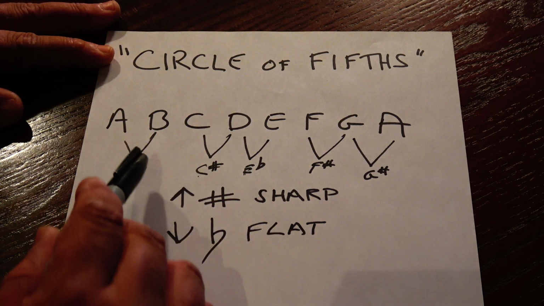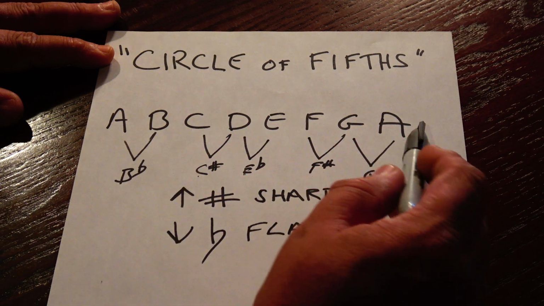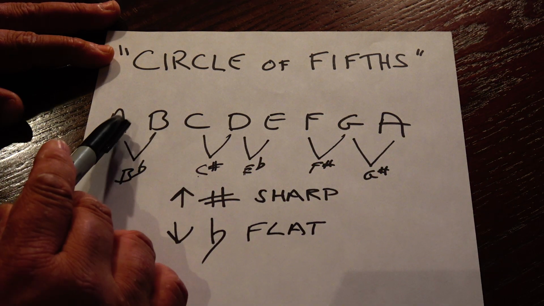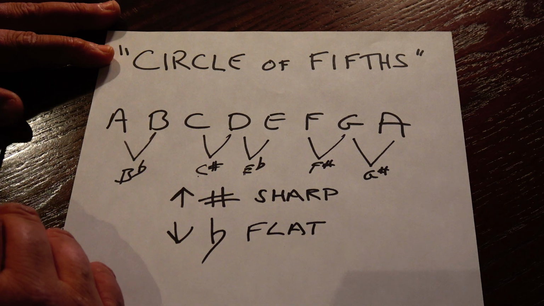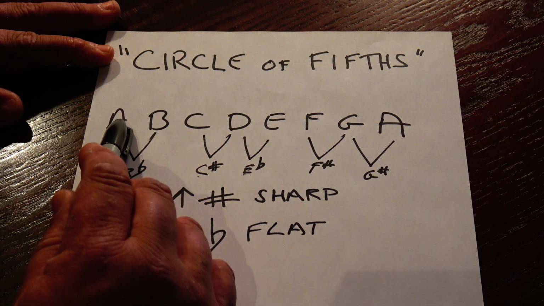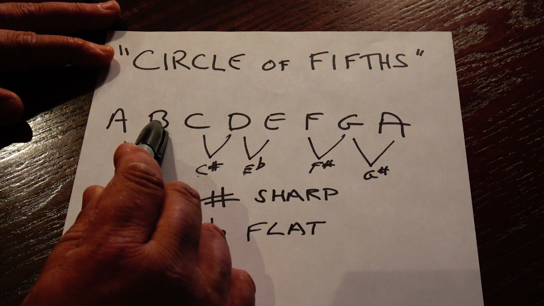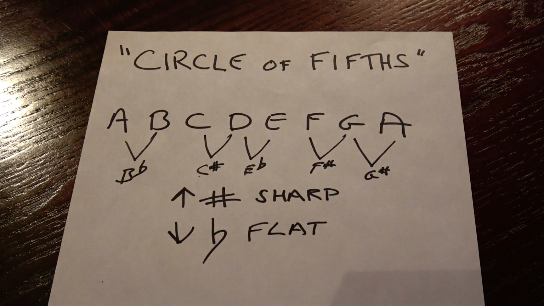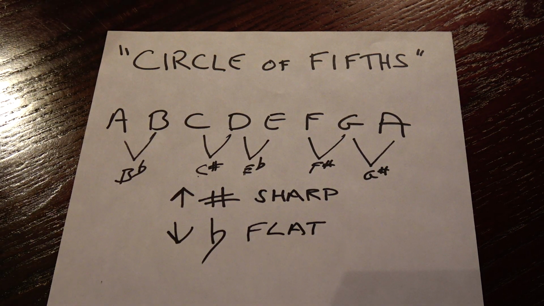The best way to describe how these notes right here actually work is a piano keyboard. If you went to the piano and found the A note, all the white keys in order would be these notes. A, the next white key would be B, C, D, E, F, G, A. But, as you know, there are black keys on the keyboard.